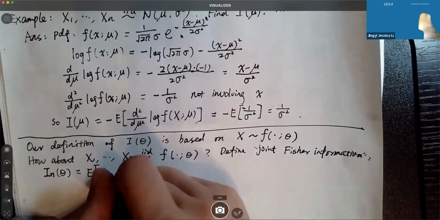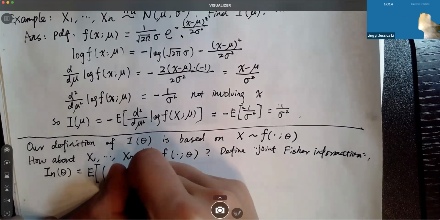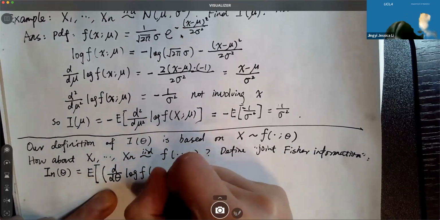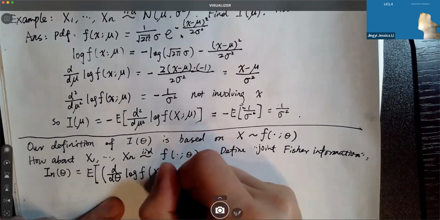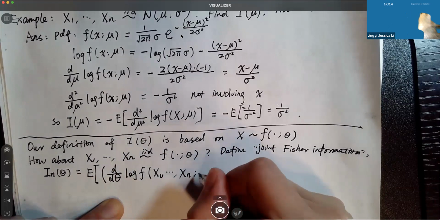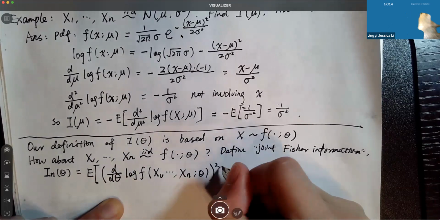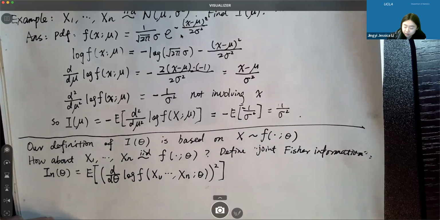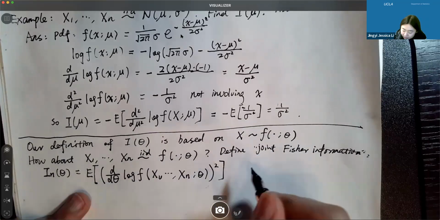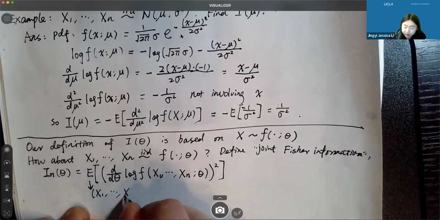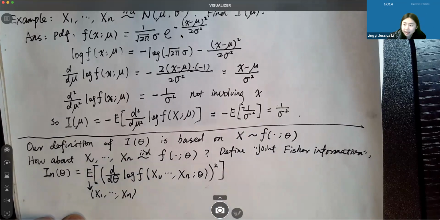So in other words, it's the derivative with respect to theta of the log of the joint density of all the random variables x1 to xn. Okay, this is the definition of this joint Fisher information. So now you can see clearly this expectation is with respect to all the random variables x1 to xn. And now, given that they are IID, right?